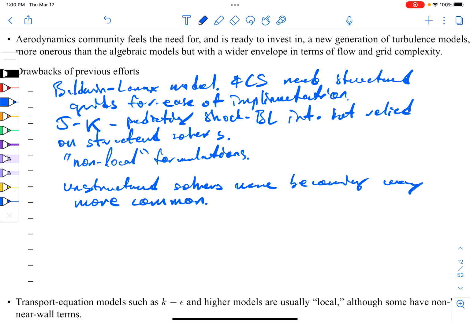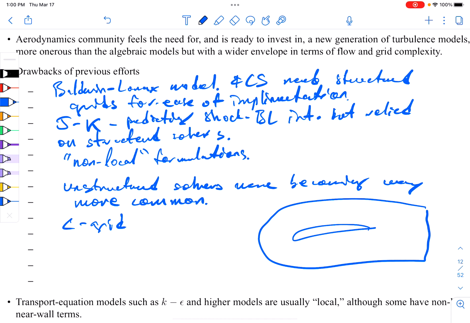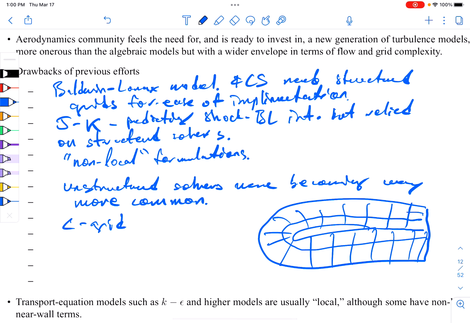And there's a great example, like if you just have a C grid, and that would be like an airfoil, and you have a grid that goes around like this. So there's the grid. This is the airfoil in the middle, and there's a grid that's this way. And it's a structured grid, right? So if we unwrap this, we have a structured grid. Very coarse.